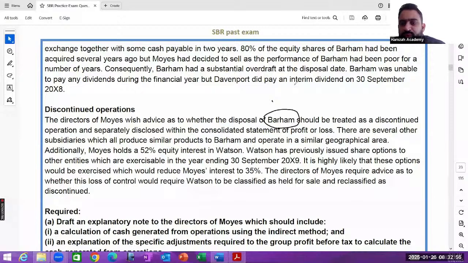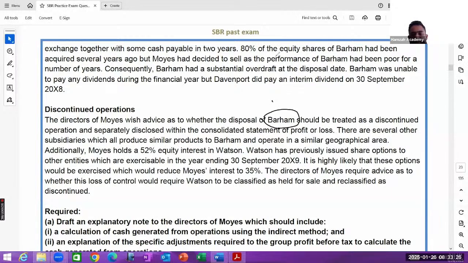So if this is not the case, then how can we say that it's a discontinued operation? If the definition is not fulfilled, then how can we say that it is presenting a discontinued operation? Then that means it is not a discontinued operation.